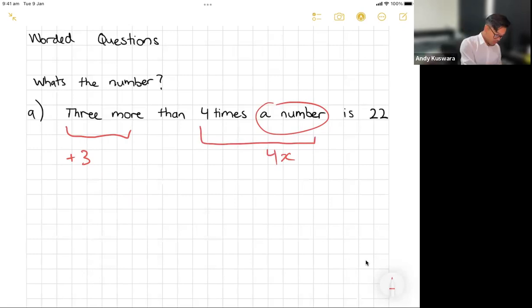Now, this keyword here, "is", is a fancy word for equals. And then we've got 22.